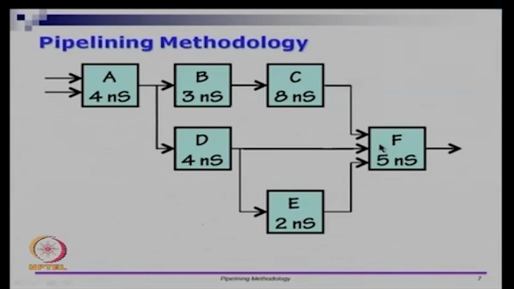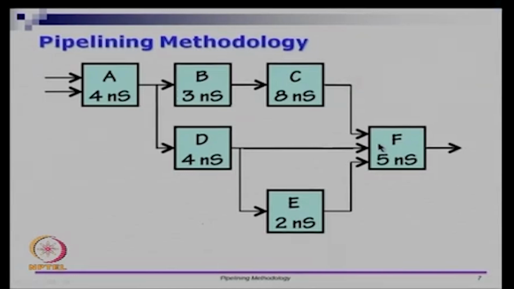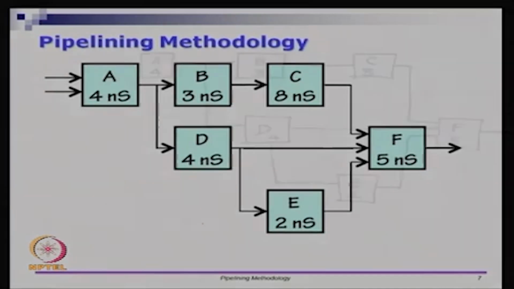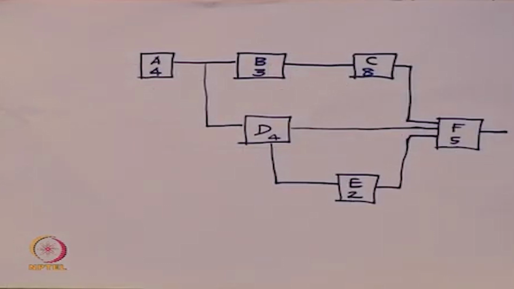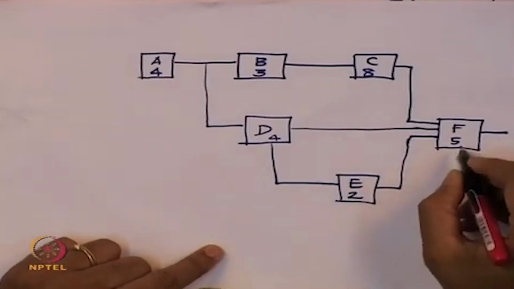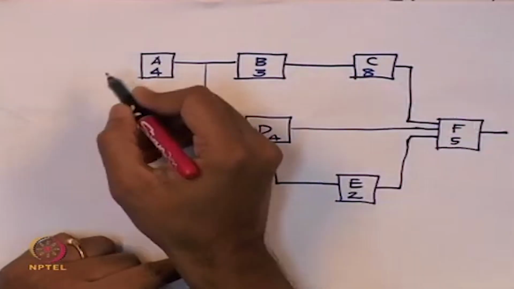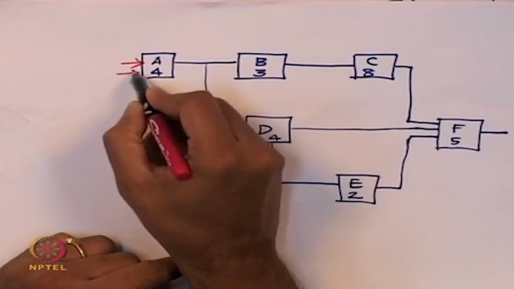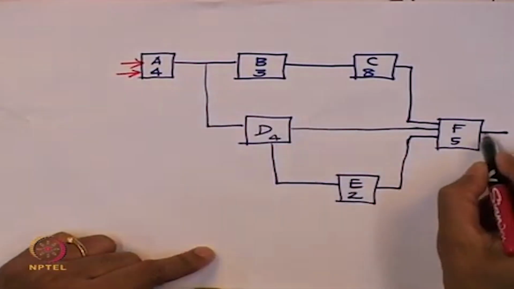So as I mentioned, if I want to pipeline, a k-stage pipeline will always start with a pipeline register at the output. So let us look at this picture here. It is the same picture as what we had earlier. I have the circuit here which is taking 2 inputs and producing an output.